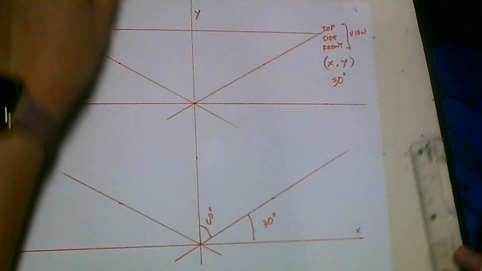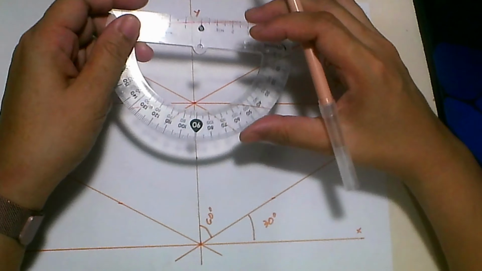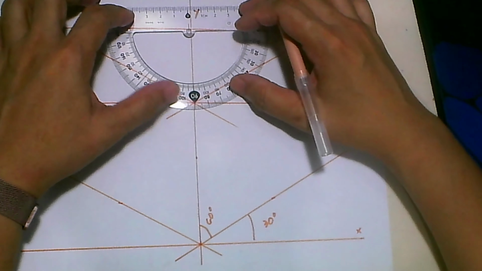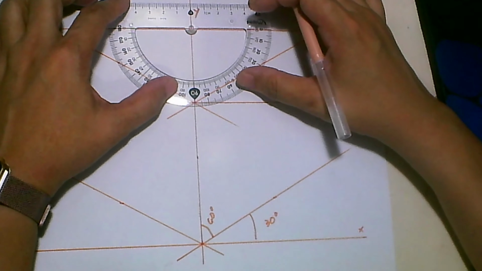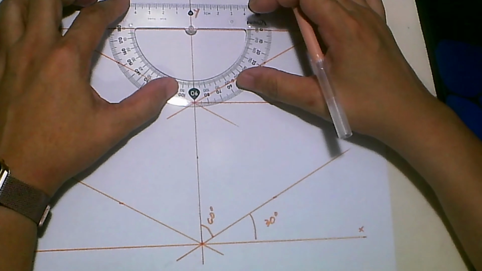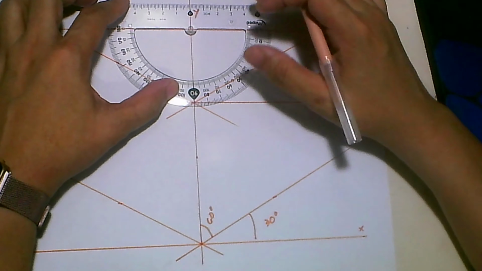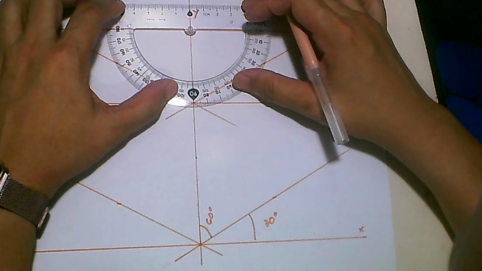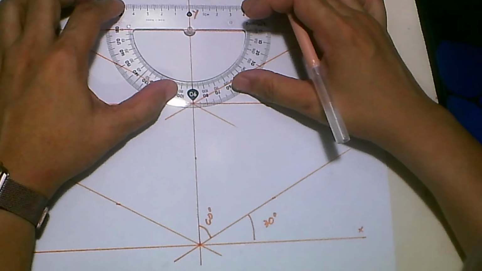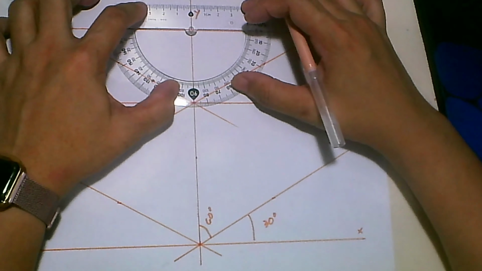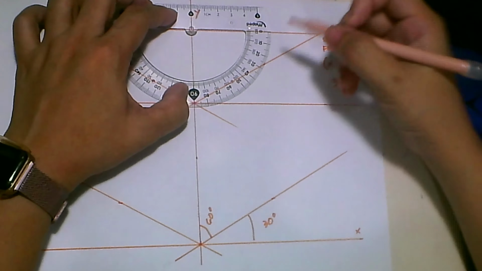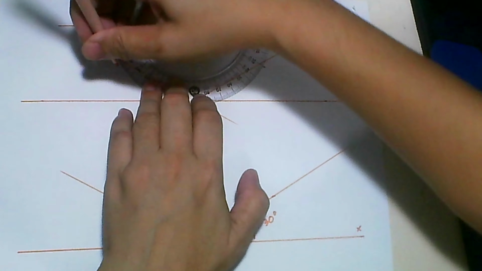Okay, and with that, we are just going to rotate our protractor here and get the 30 degree again of our line. Okay. Let's try this. Okay, so we have here our 30 degree, and on the other side we have our 30 degree.